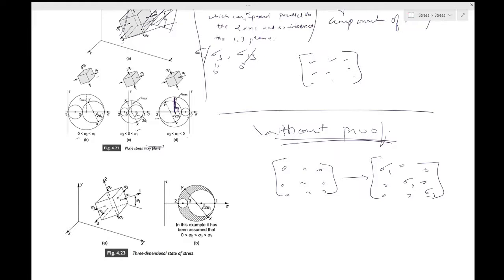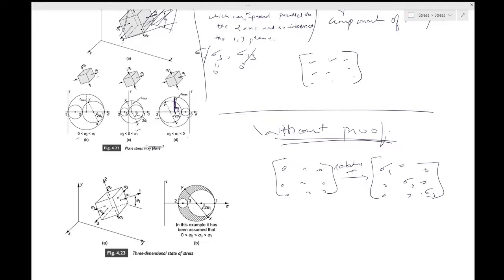By some complicated rotation, a combination of rotations essentially, the system transforms into something like this. Figure 4.23a illustrates an element of which the principal axes are labeled 1, 2 and 3. In this example the 3 axis is assumed to be parallel to the z axis, and thus axes 1 and 2 must lie in the xy plane.